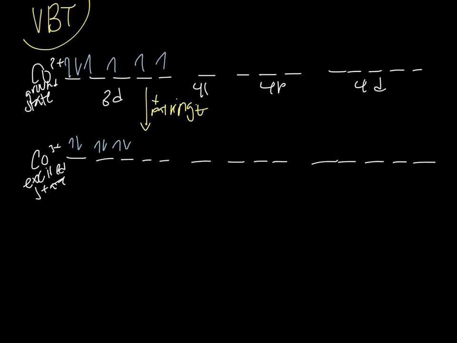Now that the electrons are paired, we will hybridize the next 6 orbitals, creating a bonded state.